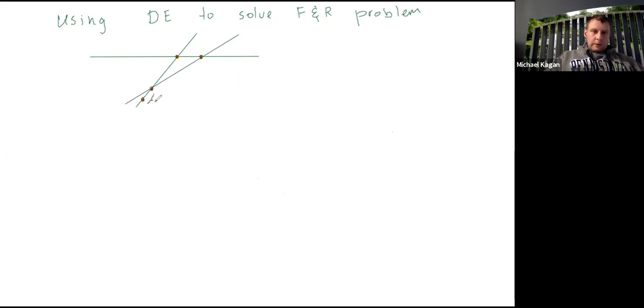This distance is u times dt. This distance is v times dt. This angle is theta, and this angle is theta plus d theta. D theta is negative, but just to be consistent.